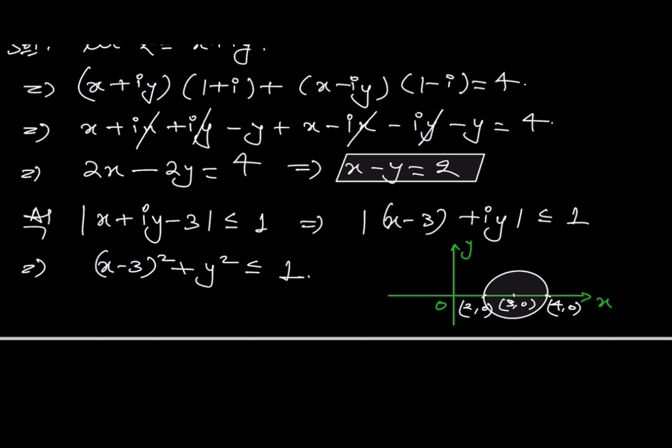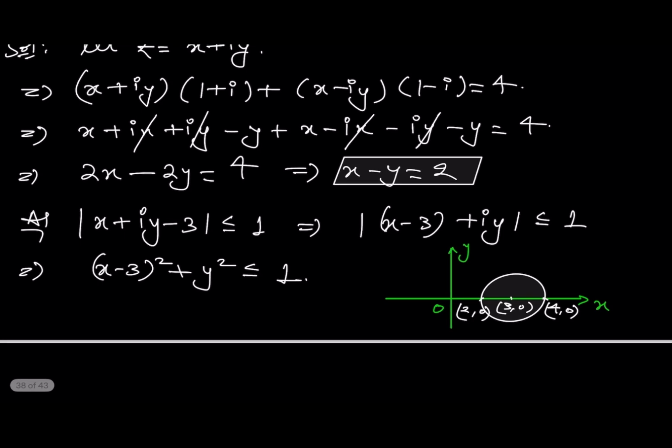Okay, and the first equation is a line having intercept on x-axis 2 and on y-axis minus 2. So the line will pass through this point 2, 0, right?